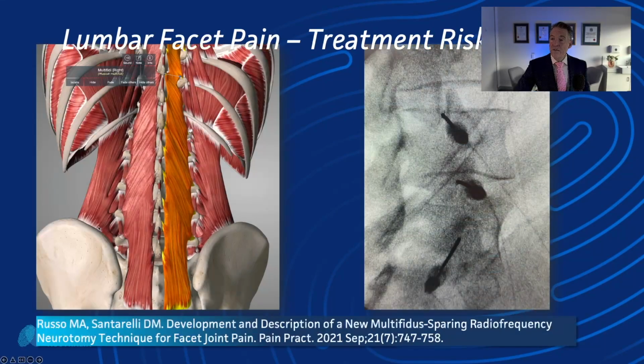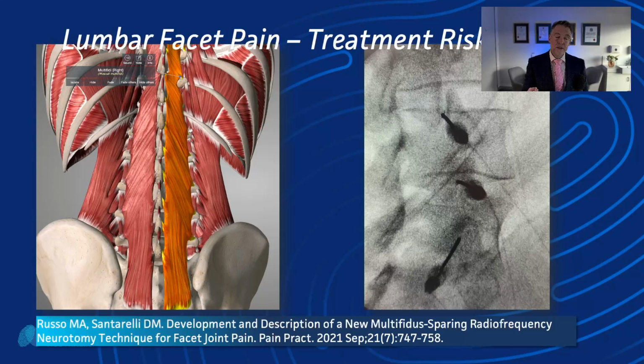There is a risk of weakness to what we call the multifidus muscle, and you can see the diagram on the left-hand side. You can see that long multifidus muscle. Now, it's an important spinal stabilizer, as we call it, but there are many other muscles in that area that also provide stability to the spine.